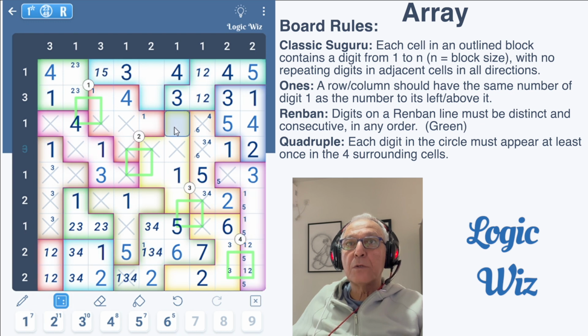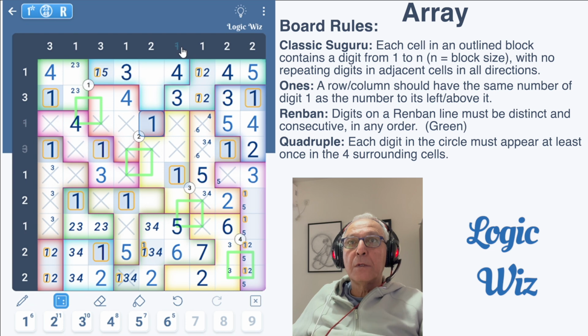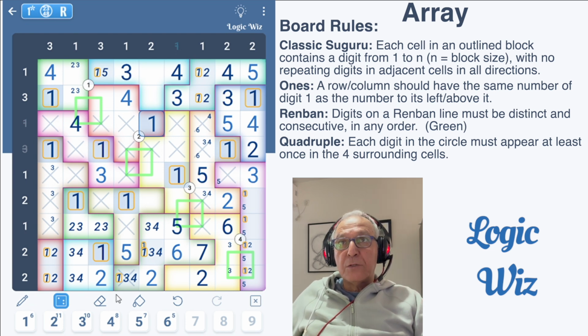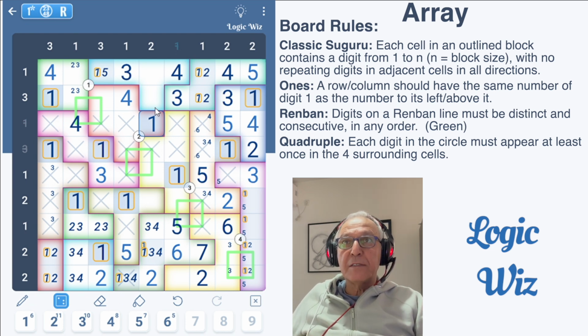And now we cannot have a 1 here. Therefore, in this row, this has to be a 1. And we are done with this one, and we are done with this one. Okay, this is nice.